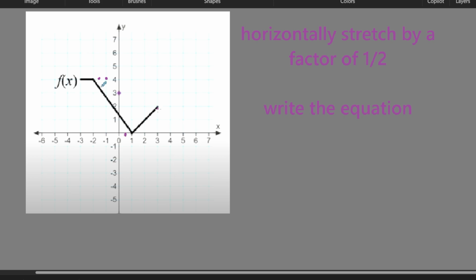And then this becomes 1.5 right here. So let's hope I make the best graph ever. So when we write the equation, we're just gonna write the opposite of the verbal description. So the reciprocal of 1 over 2 is 2x. But then in mapping notation, it would be matching the verbal description.